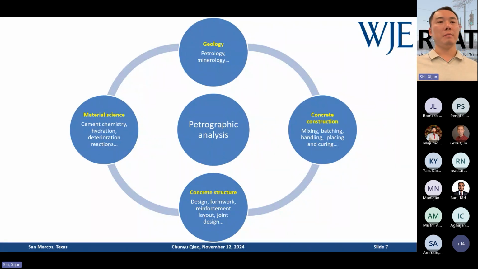You need to know some information about mixing, batching, handling, placing, and curing, the different techniques and tools we use, from different ACI or other industry guidelines or codes.